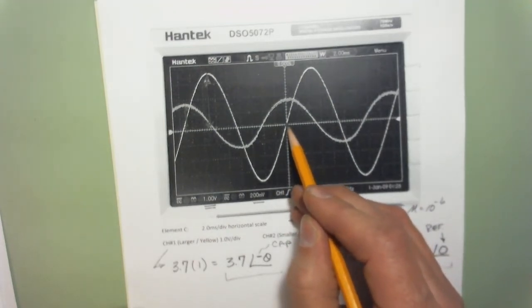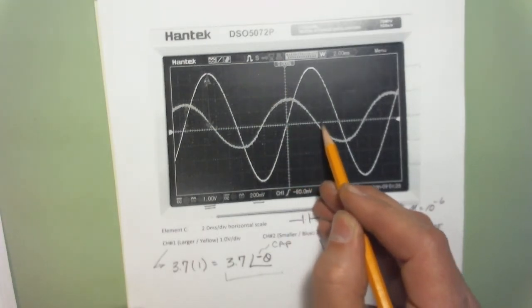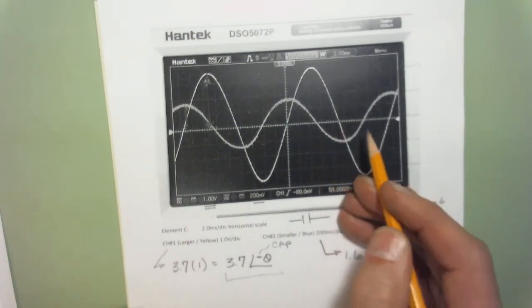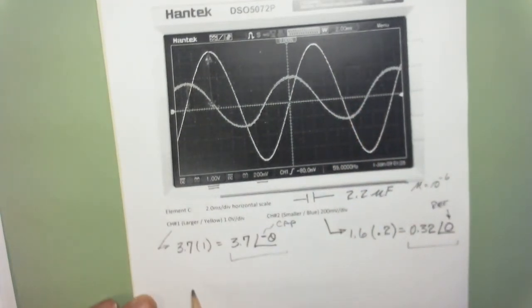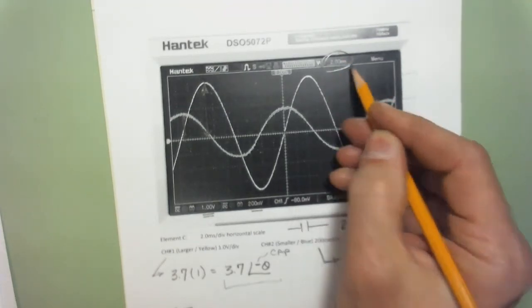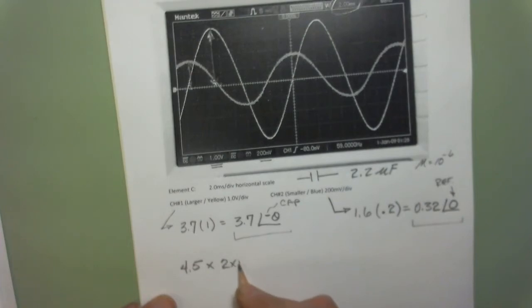So I'm going to say it goes from here. There's 1 division, 2 division, 3 division, 4 division, and it looks like about 4.5. Okay, so I'm going to say that 4.5 times, what do we have here? We had 2 milliseconds per division, so 2 times 10 to the minus 3.